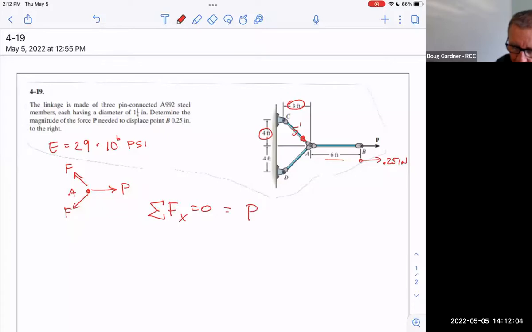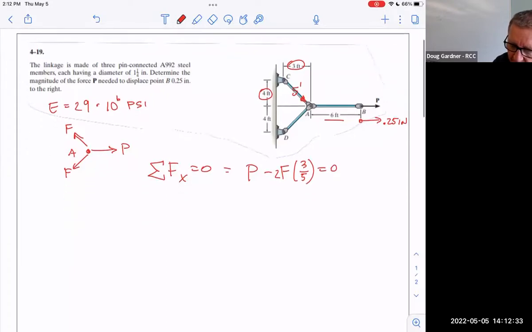I've got P pulling to the right, and then I've got F pulling to the left. But what's the modification? Because it's not pulling left, it's pulling at a weird angle. What proportion of it is pulling left? 3/5 of it. And then don't I have another one of those? 2 of them. So I could write minus F 3/5 again, or I could just say times 2 here. Well, 2 at 3/5 equals P. That's exactly right. So you can say that P equals 6/5 F.